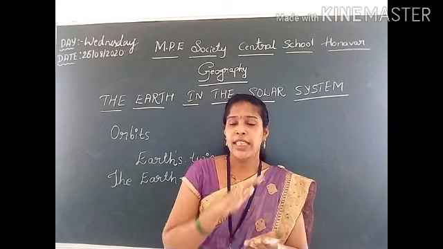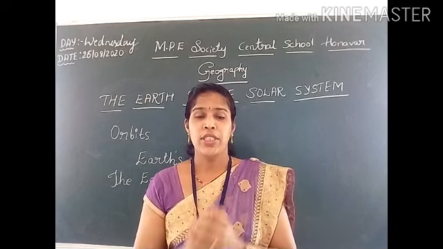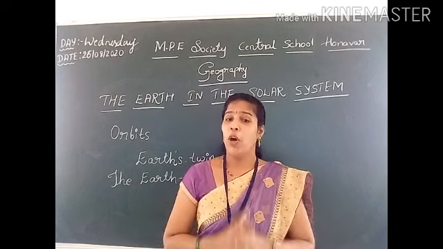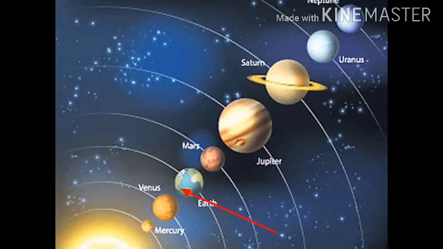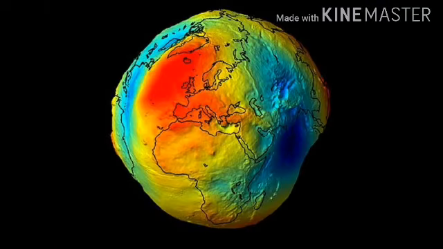The Earth is slightly flattened at the poles, therefore the shape of the Earth is geoid. See, our Earth is the third nearest planet to the Sun and the fifth largest planet in the solar system. As I told you, the shape of the Earth is geoid. This is the picture of Earth which is in the geoid shape.